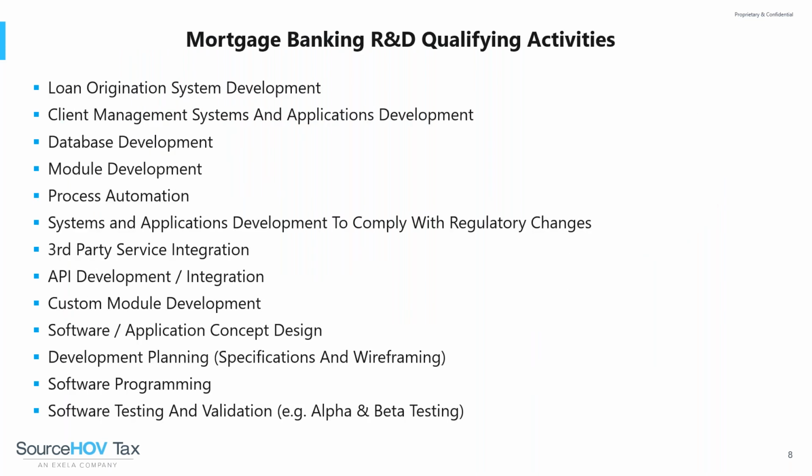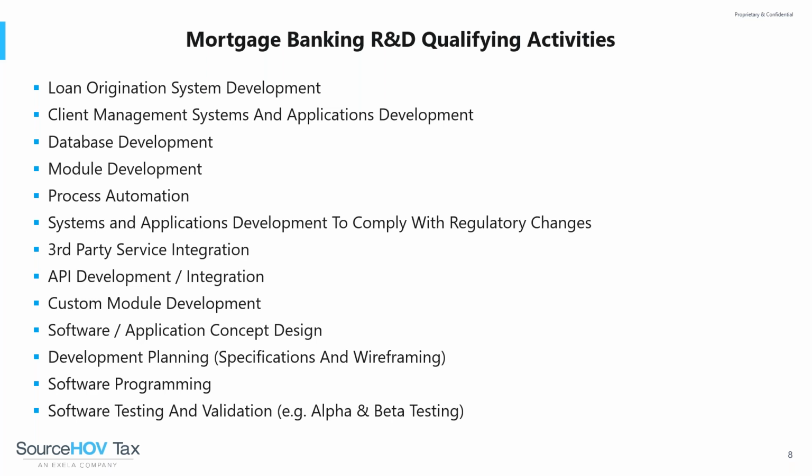All right, so let's go ahead and start talking about mortgage banking specifically. Some of the qualifying activities that we've seen in our studies with the mortgage banking industry, obviously the low-hanging fruit would be things like LOS system development, database development, process automation, all really huge things in the mortgage industry, because obviously there's a lot of compliance that needs to be done on both ends, both on the client end and on the originator end.